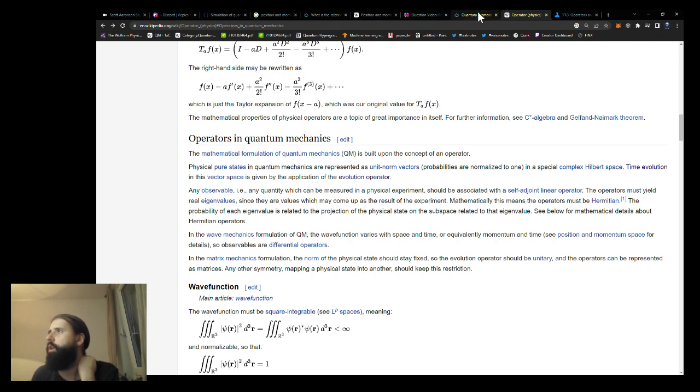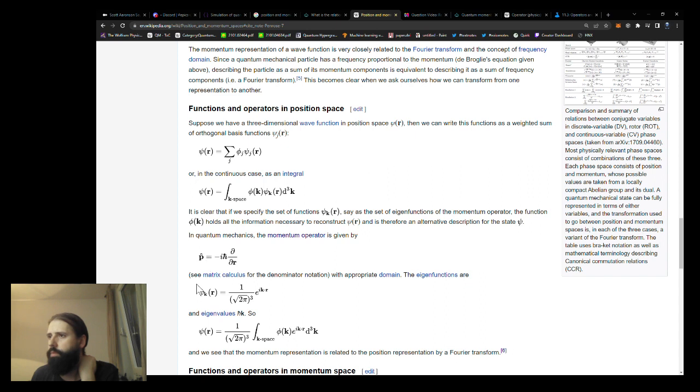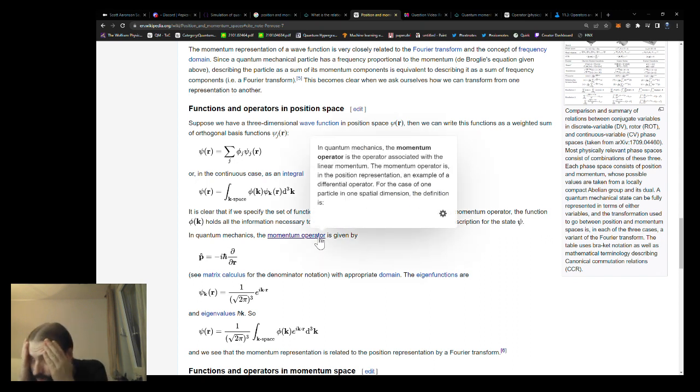So you have the position operator, which is essentially what you would, so when you apply the momentum operator, what you're trying to do is get an eigenstate as a result.